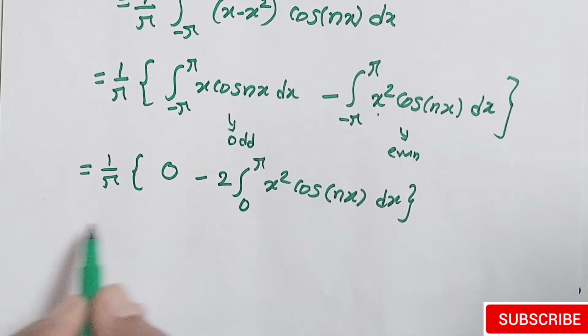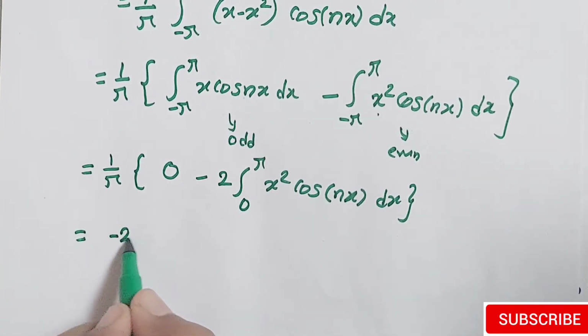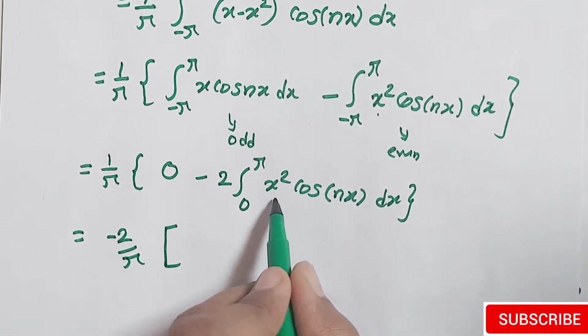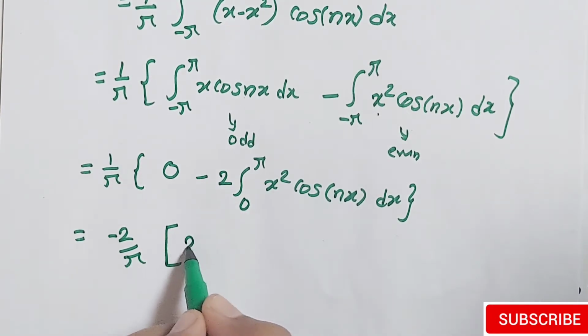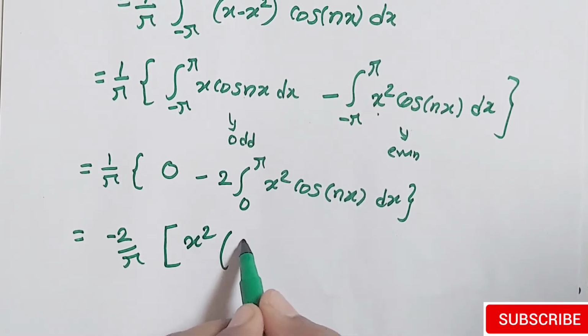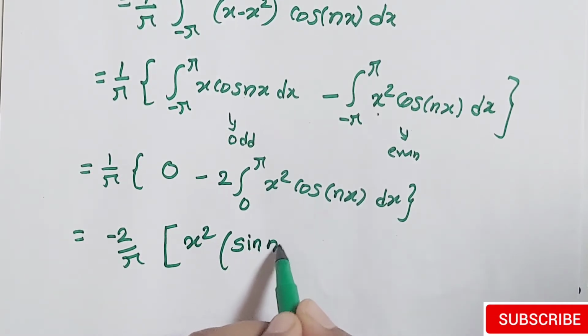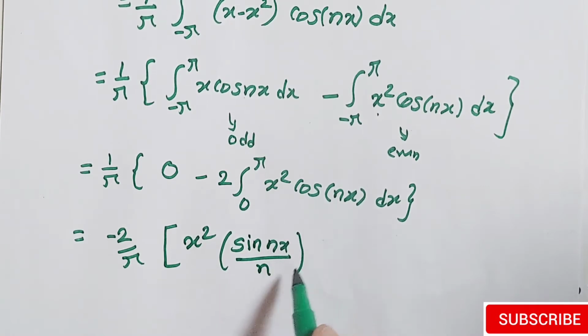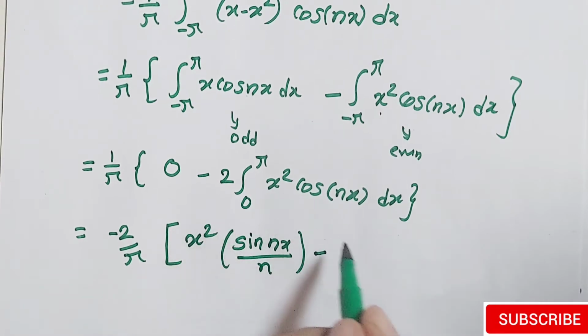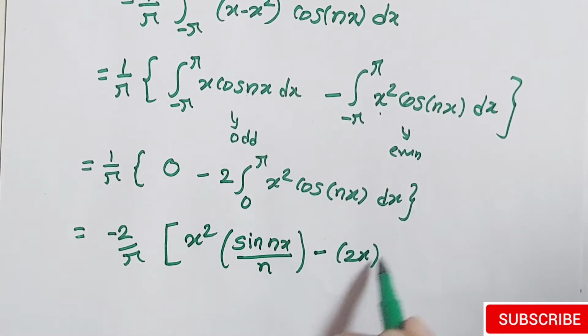Now here use the integration by parts formula. So constant minus 2 by pi as it is. Here the first term as it is, x square. Integration of the second: the integration of cos is sin nx divided by n. Alternate plus minus, so next is minus. Derivative of the first term, twice x.